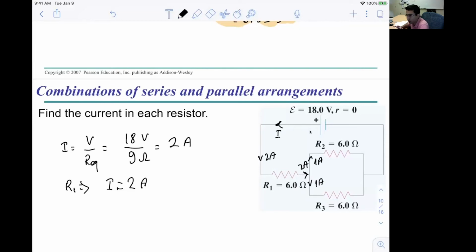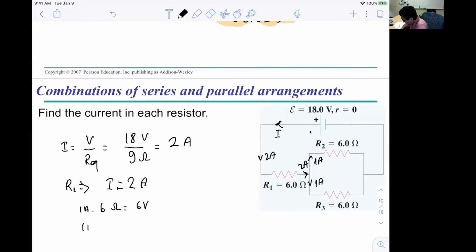So total current must be conserved and the potential will be the same on R2 and R3. So 1 amp times R2, 6 ohm, sorry, that will be 6 volt. And 6 volt.